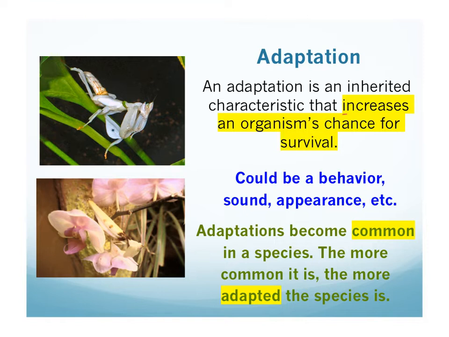So anything that's an adaptation is going to increase that organism's chance for survival. So an adaptation can be a behavior, a sound an animal or organism makes, your appearance, okay? And adaptations tend to become common in a species, and the more common it is, the more adapted the species is.